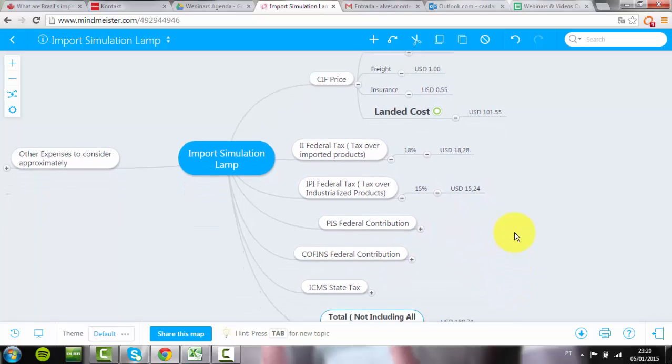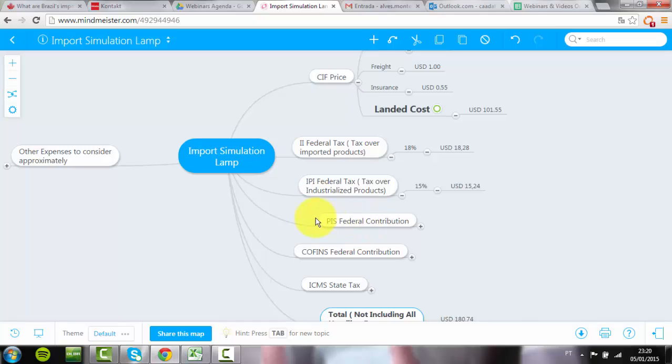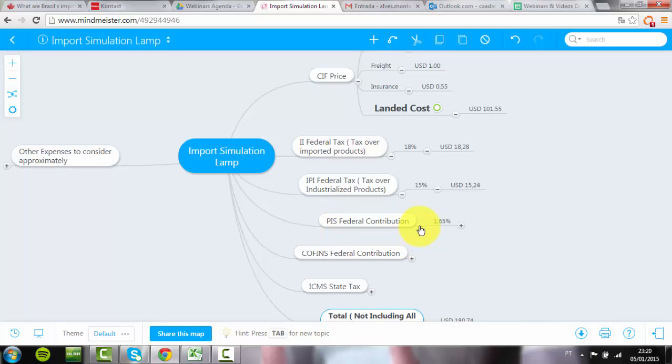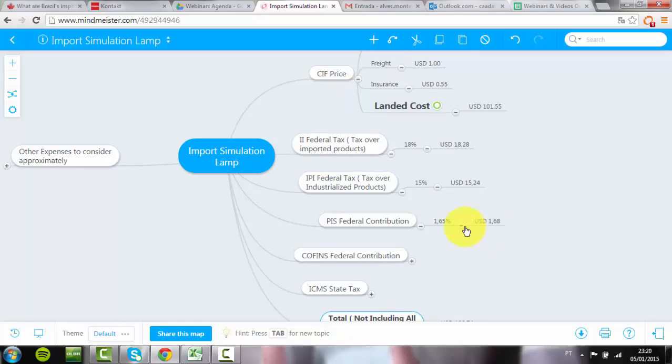Then we have another federal contribution called PIS, at 1.65%, which totals 168 cents on the dollar.